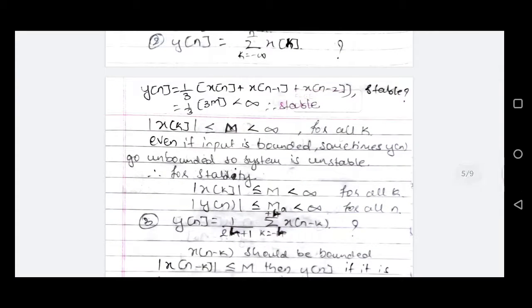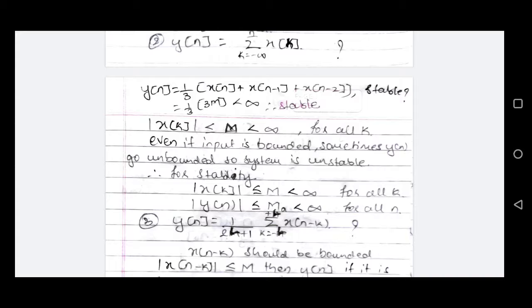Let us consider one more discrete time system defined by y of n equals 1 divided by 3 times x of n plus x of n minus 1 plus x of n minus 2. Is this stable? For bounded input, it is a stable system because all three instants of the input, present input, delayed input and 2 units delayed input, will also be bounded quantities.